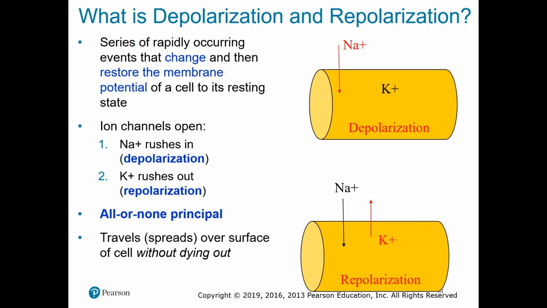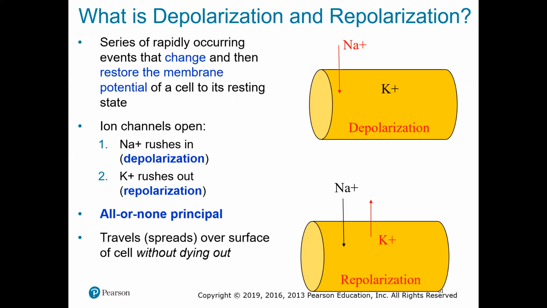So now, depolarization and repolarization. Don't get these confused. When sodium comes in to a cell, it becomes depolarized because sodium is positively charged. The outside of the cell is positive, the inside of the cell is negative. Depolarization occurs when sodium comes in and changes the charge.